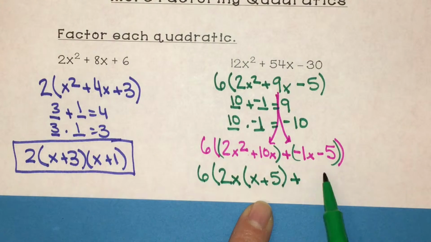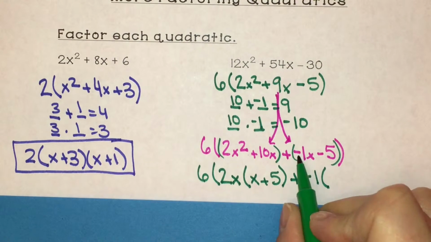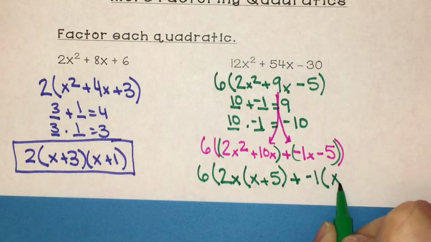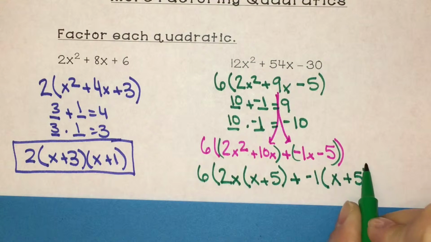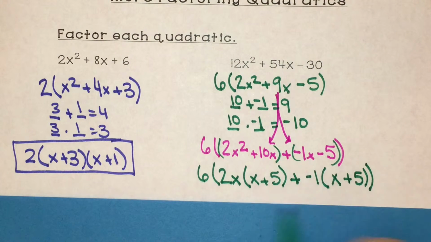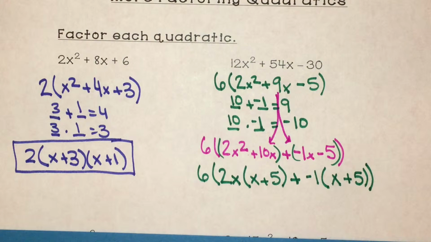Meaning, I know I have to get rid of these negatives. But that's the only thing. So I'm going to factor out negative 1. Negative 1x divided by negative 1 is x. Negative 5 divided by negative 1 is positive 5. And again, that's in parentheses because that whole thing's multiplied by 6. All right, I'm going to take out the greatest common factor again.